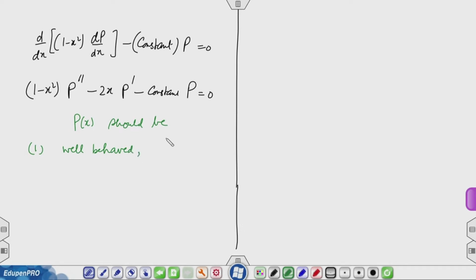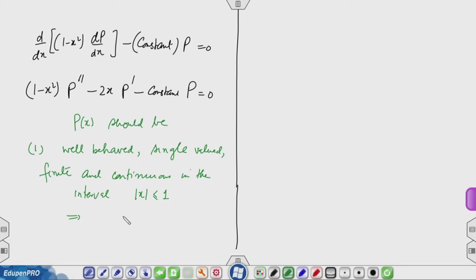That means single valued, finite, and continuous in the interval mod x less than or equal to 1, which basically implies that cosine theta has this range minus 1 to 1.